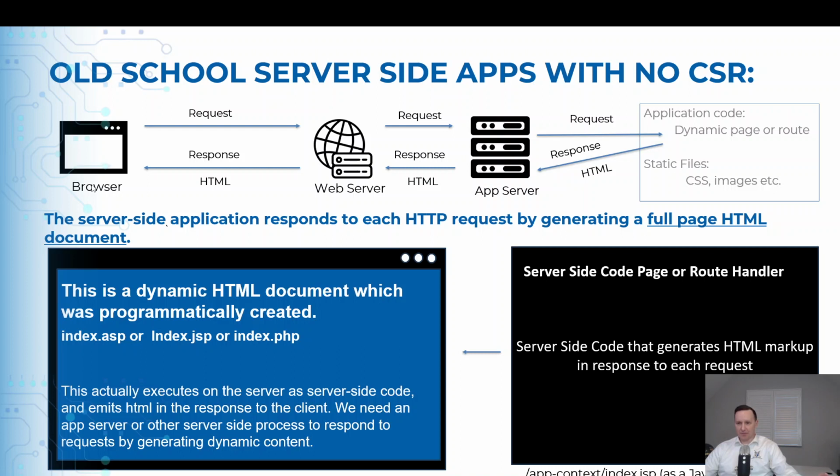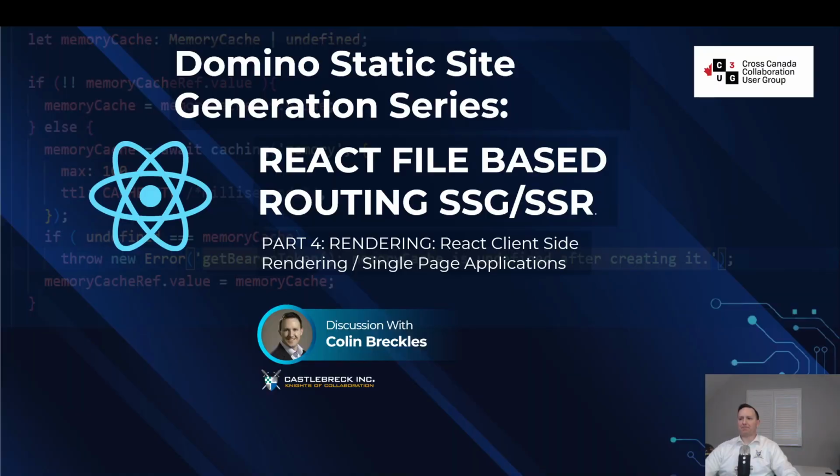In both these cases, what the browser got back was HTML. Also noteworthy that you're typically going to do full page requests and full page reloads in response to user interaction. So really old apps, that's the way they worked. Bottom right, you can see examples like maybe I've got an app context in a Java app and I've got an index.jsp, or a classic ASP example, if you remember them, later ASPX for .NET. That's going to differ from client-side apps in React, which will be the next part.